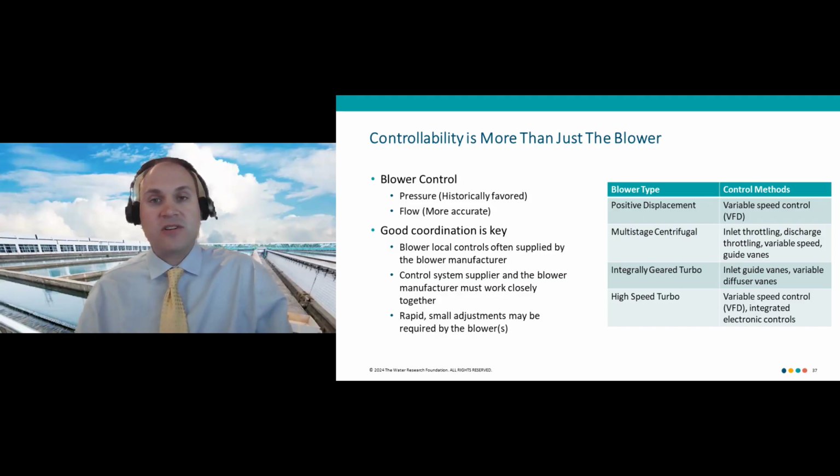The blower manufacturer understands what is needed by that systems integrator to achieve the control goals that have been set for the system. And again, as I mentioned before, we need to make sure that we have a system that can make those quick, small adjustments to really dial in those DO values right where they need to be.